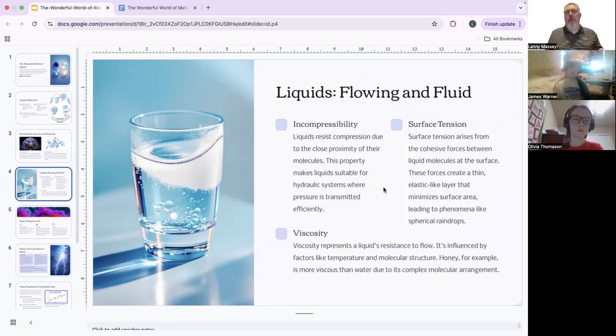We all have seen that. Honey is very viscous. Water is not. So when they talk about the viscosity of oil, the higher the viscosity of oil, the less likely it is to flow. Some engines that run pretty hot have a higher viscosity oil because they need to be able to add energy to it.